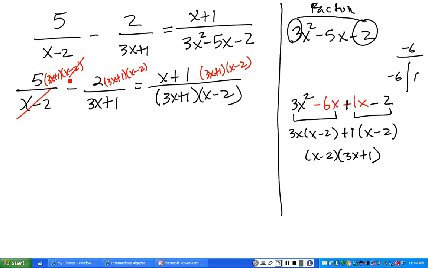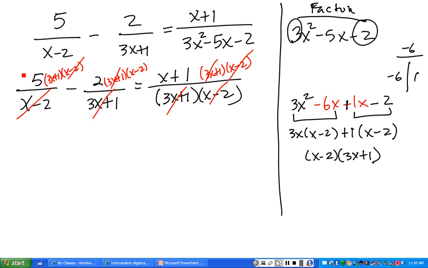The x minus 2's cancel here, the 3x plus 1's cancel here, and everything cancels here. Great. I think some students get confused when everything cancels. That's what we want. We want less stuff involved so that we can compute fewer things. So that's great when everything cancels out.